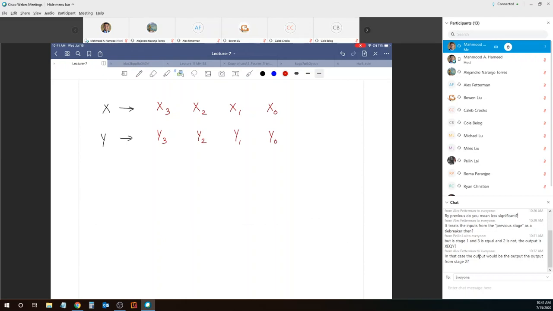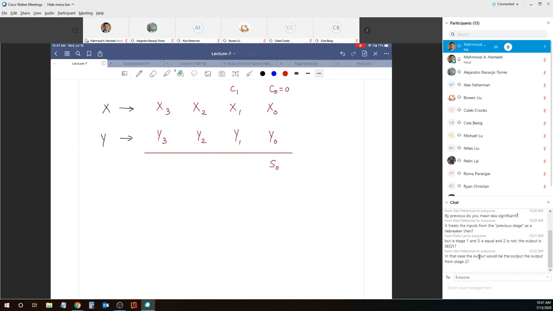Now, when you start adding these, what happens? Initially, what do you assume? In the case of addition, you may assume that the initial carry C sub 0 is 0, or non-zero, whatever it is, there is some initial carry. Then you add them up to generate S0 and C1.